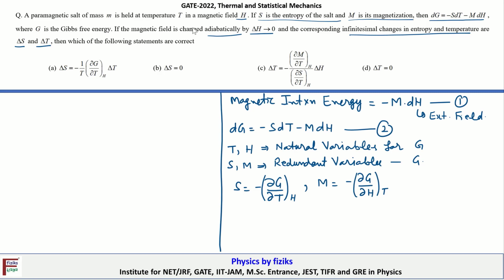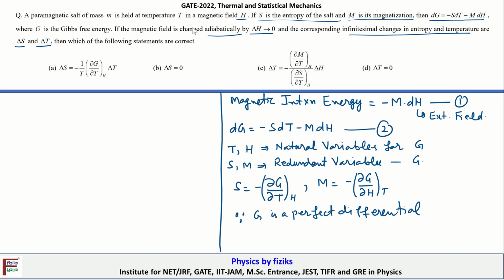Now from here we will make use of the property of the Gibbs free energy, because Gibbs free energy G is a perfect differential. What does it mean? It means it is differentiated with respect to its natural variables.